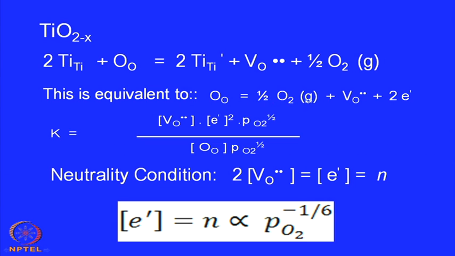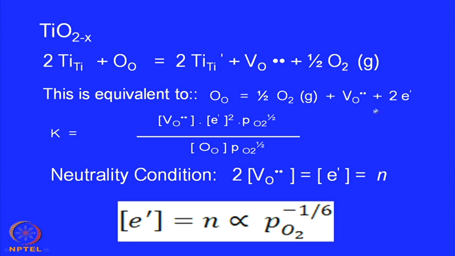And once again this is the final equation, only on the metal oxygen sublattice. This is the regular oxygen site, this is half O2 gas which is going out, and as a result you are creating oxygen vacancy, and for charge compensation you have to create 2 electrons, not holes this time.